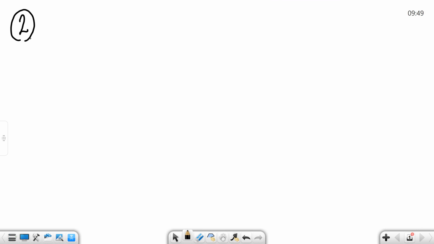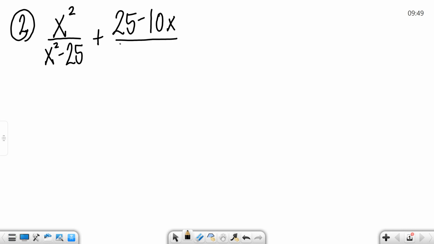Okay, example number 2. So we're asked again to add two rational expressions. The good news is our denominators are the same.